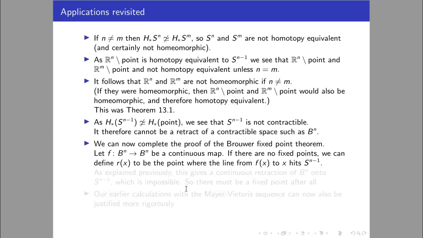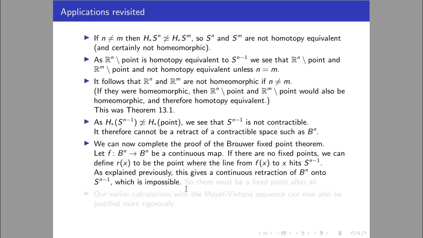So there's a unique line starting from f(x), passing through x, and then that will hit Sn minus 1, and the point where it hits Sn minus 1 we define to be R(x). And we spelled out the details of this a while ago, that this construction gives us this map R, a continuous retraction from the ball Bn onto Sn minus 1.